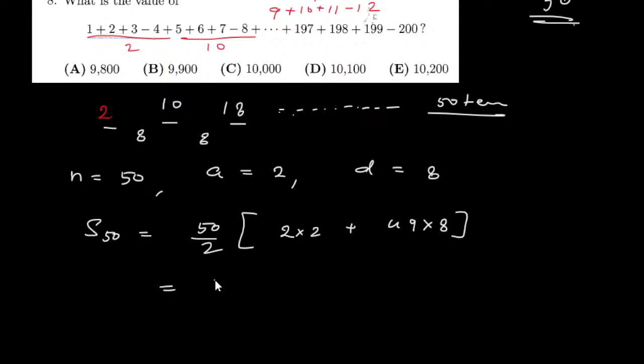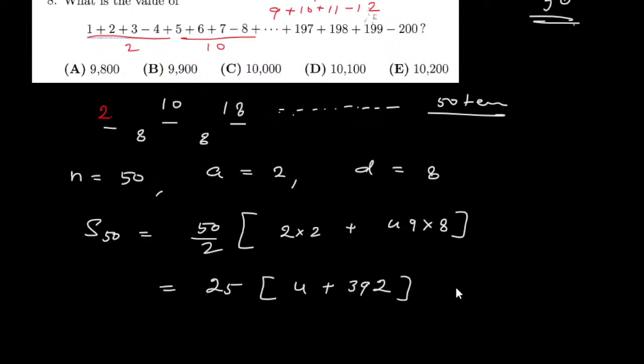So this is going to be 25 times 4 plus 49 times 8, that is 392, 4 plus 392, 32 plus 7 is what?